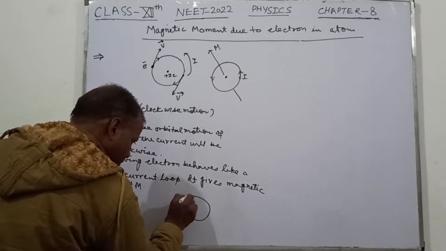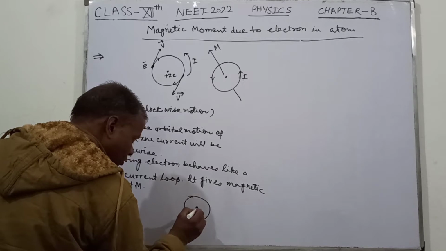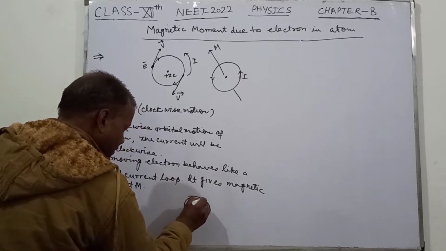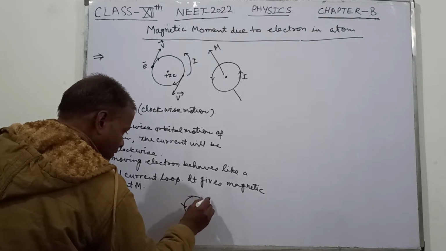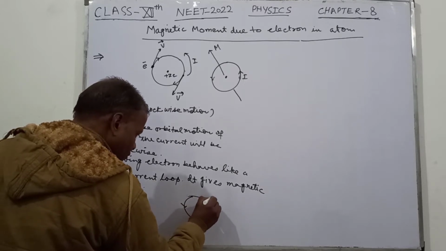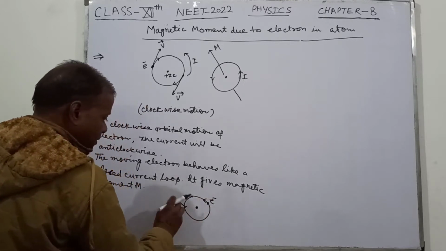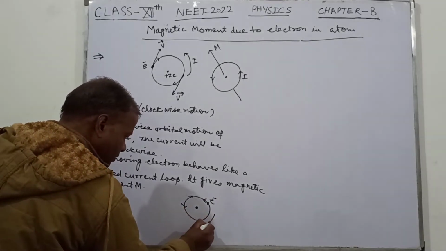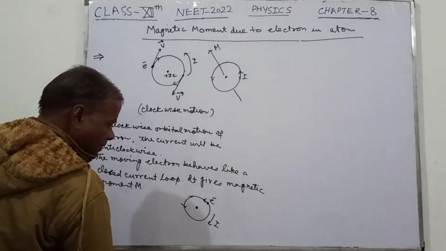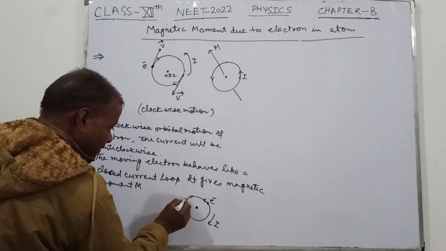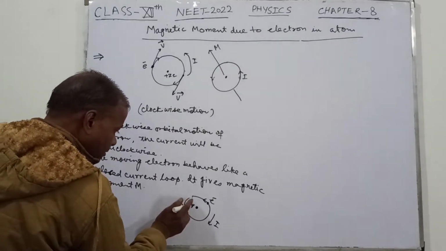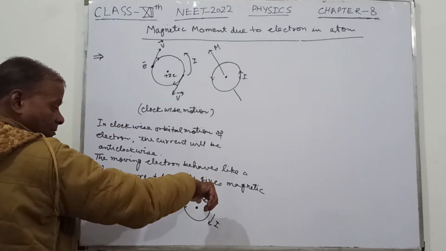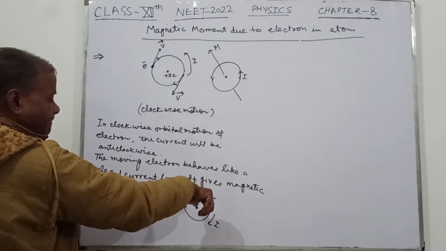Suppose this is the orbit, this is the nucleus, and the electron is moving in this way. This is the electron. Then the current will be in this direction. This is the current. It means that the magnetic moment will be just opposite to this one.